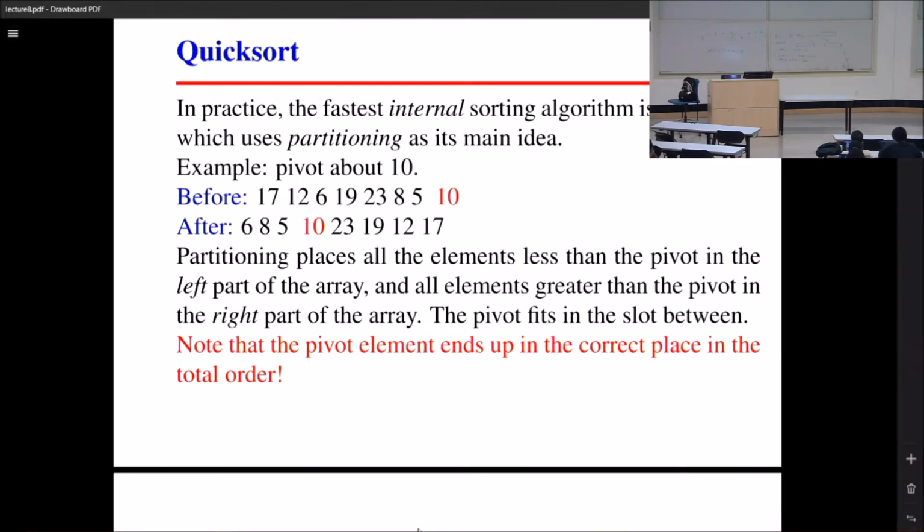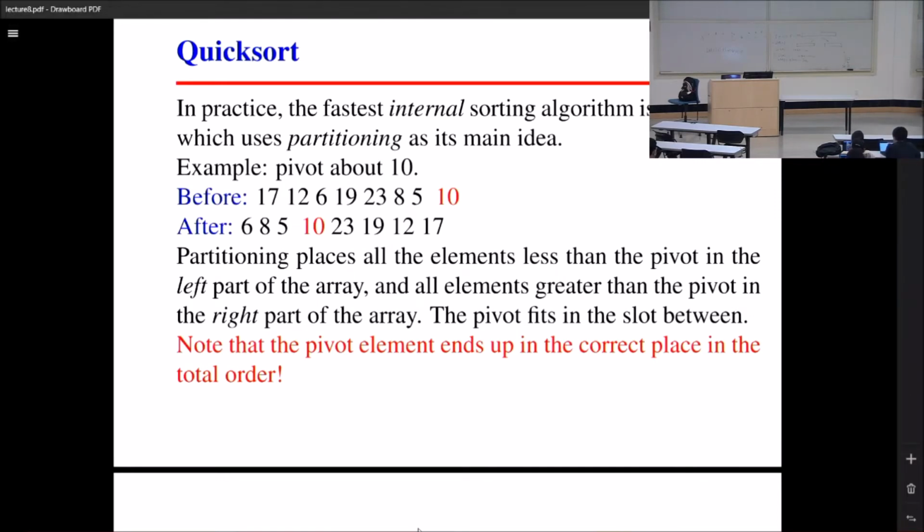And 19 is greater, so it's on the right. 23 is greater, also on the right. 8 is smaller, so it's on the left, and 5 is smaller, so it's on the left. Then we can see that the 10 is at the 4th position in the array, all the elements smaller than it are on the left side, and all the elements greater than it are on the right side.